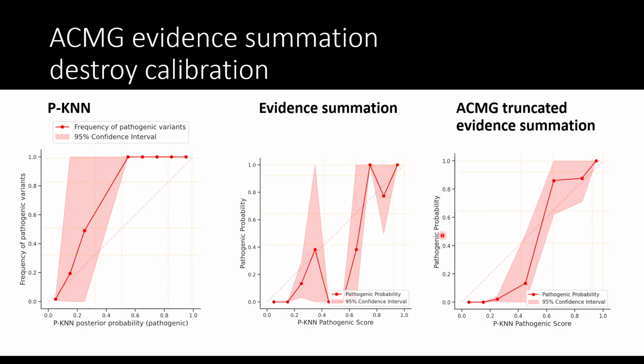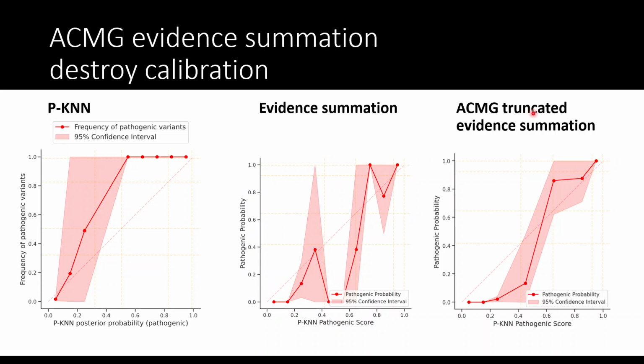More importantly, joint calibration gives an adequately conservative evidence assignment, so this calibration line goes beyond the diagonal line. However, if we directly sum the evidence, we have multiple regions of miscalibration.